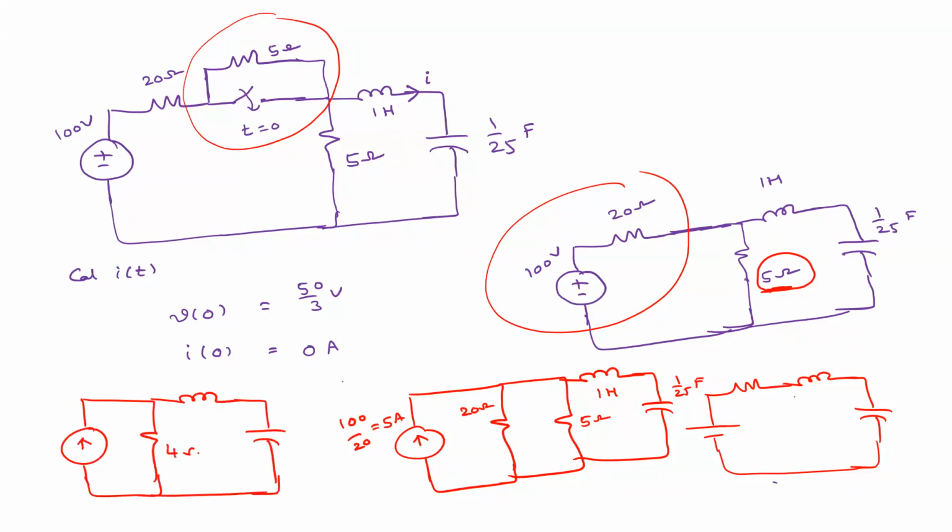This is 4 ohm and this is 5 amperes. Still, it is not the one that we required, right? So how to convert this again? Convert into a voltage source. So this will now be 5 into 4, 20 volts, and this will be 4 ohm.